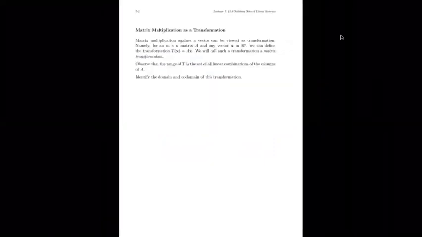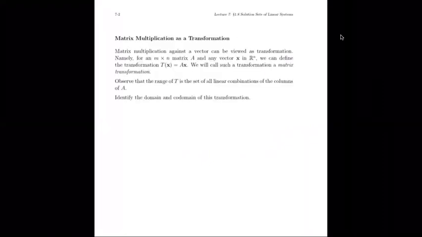Okay, so matrix multiplication as a transformation. Of course, this ties into what we've been doing already. We can define a transformation in terms of a matrix and matrix multiplication specifically by making the following declaration.